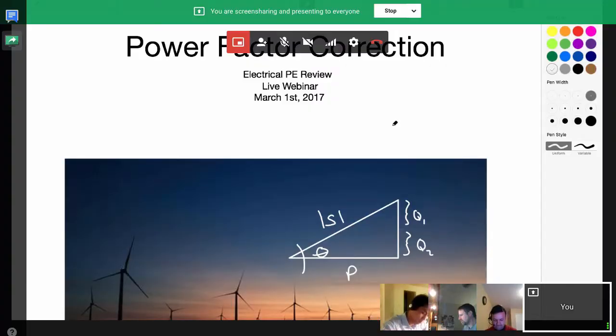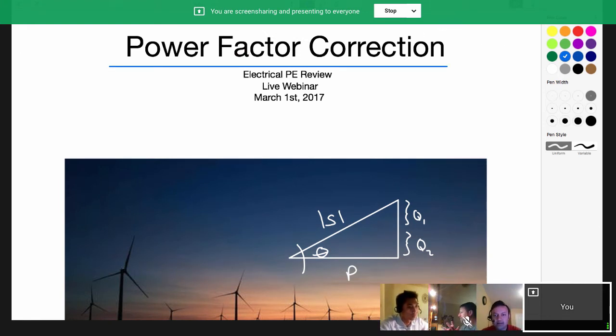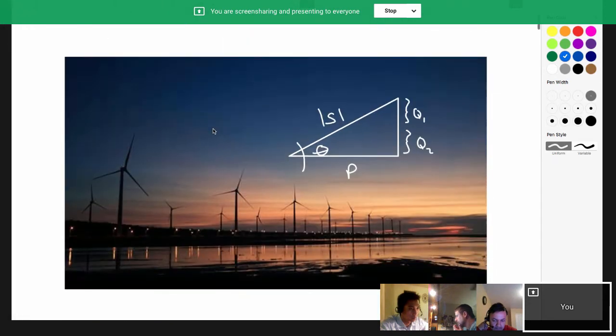Okay, who can tell me what is the whole goal behind power factor correction? Improving the power quality. Okay, I'll accept that. What exactly about the power quality are we improving? We try to be as close to real power as possible, reduce the amount of reactive. Perfect.